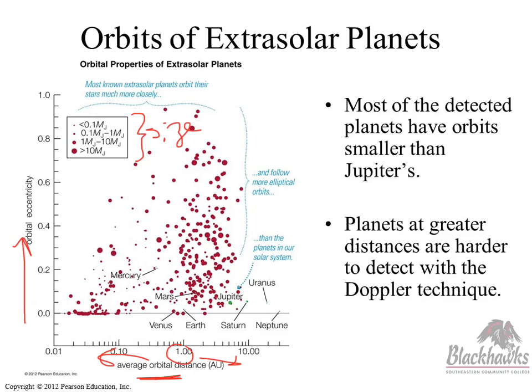says how massive it is relative to Jupiter. I think it's the mass of Jupiter. So something with that size of a dot is somewhere between the size of Jupiter and 10 times the size of Jupiter. Let's see, what did that slide say a little bit ago?